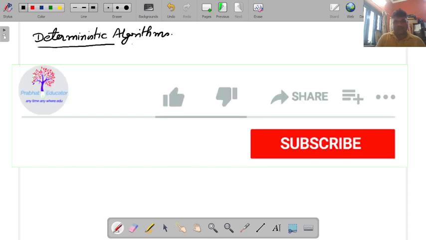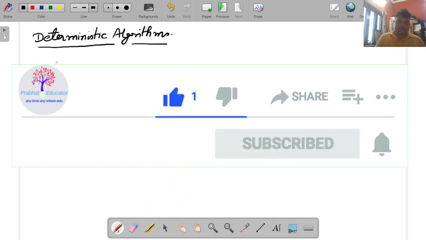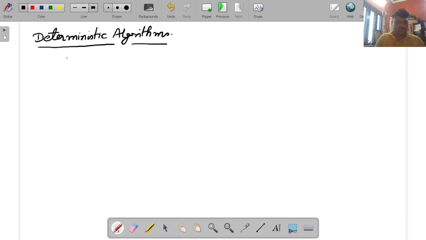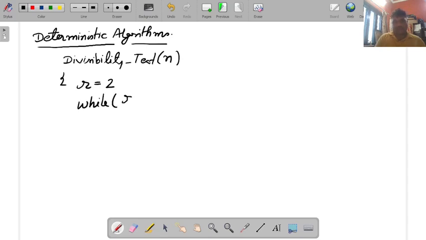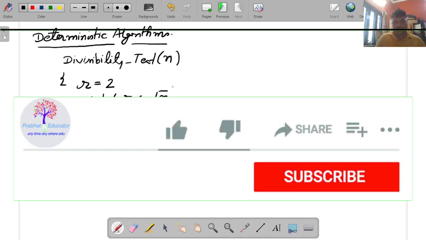For that we use one pseudocode that is called the divisibility test. For the deterministic algorithm, we will discuss one pseudocode for the divisibility test. Its name is divisibility test, and here we are passing the number n to find out whether the particular number n is prime or not. We take r equal to 2, and after that there is a while r is less than square root of n.